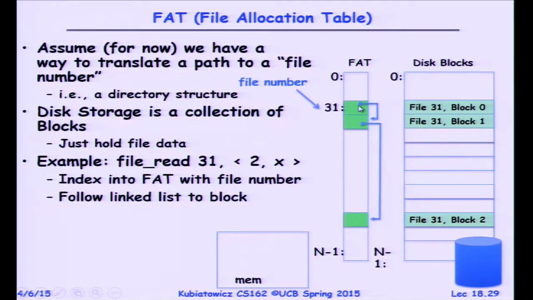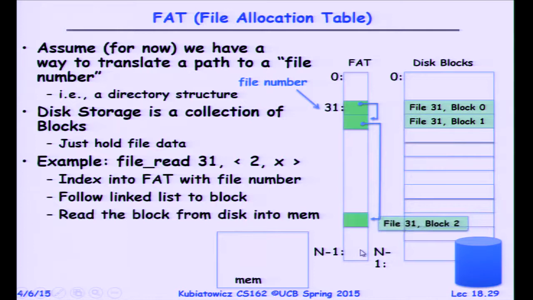So this link here for 31 says probably 32, which points to this guy, and this guy says 71. And as a result, just by tracing my way down here, I can find block number 2. So I'm on 0, I find 1, I find 2, poof, I did a read. Okay? Questions? Any other questions? Good.